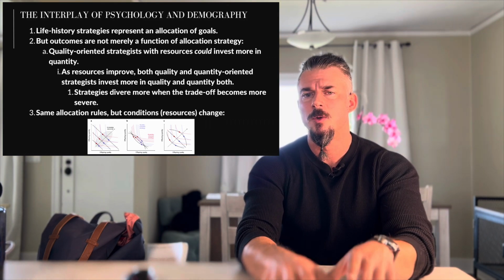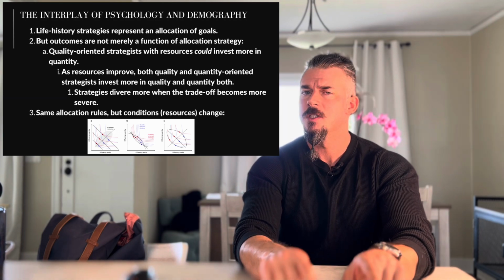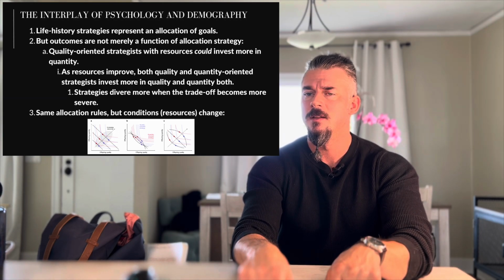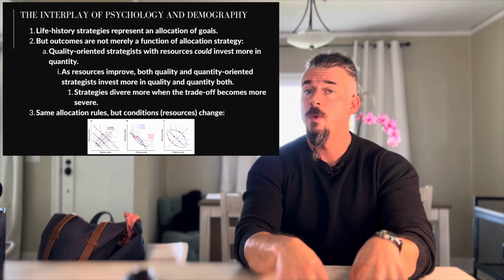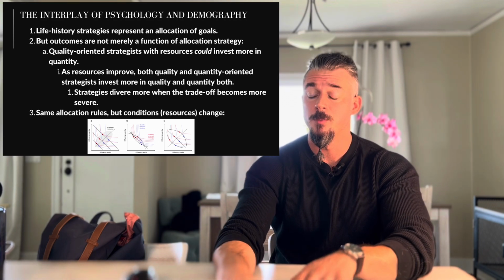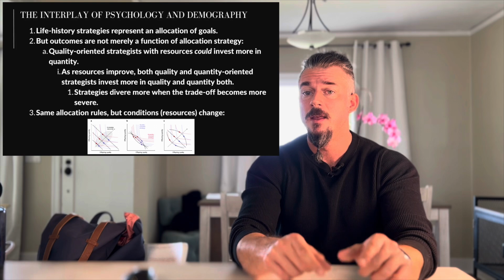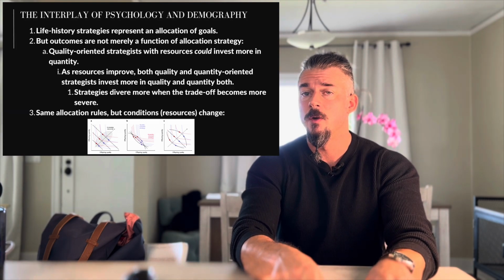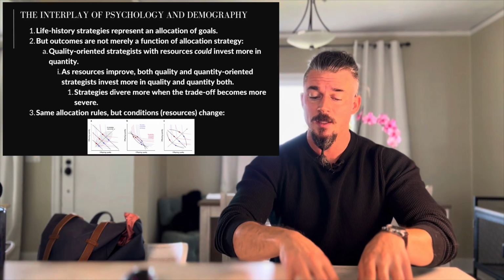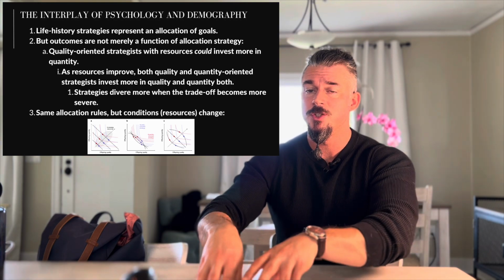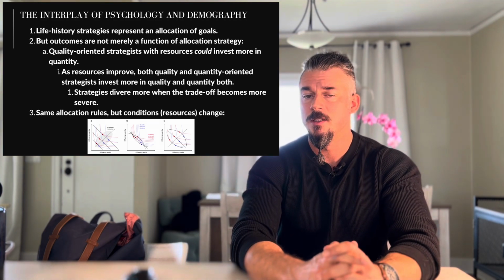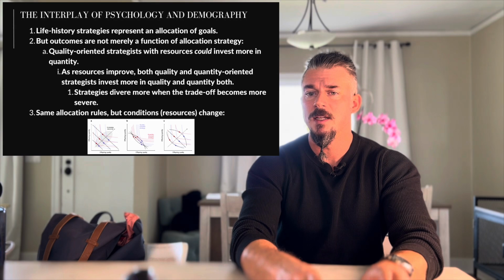So quality-oriented strategists with resources could still invest more in quantity. That's still something that could occur. We expect this to occur when resources in the environment improve, so caloric intake, that sort of thing. Then you start to see individuals who are oriented both toward quality, quality in a mate, quality in offspring, provisioning, and quantity-oriented strategies that tend to invest more in quality and quantity both.